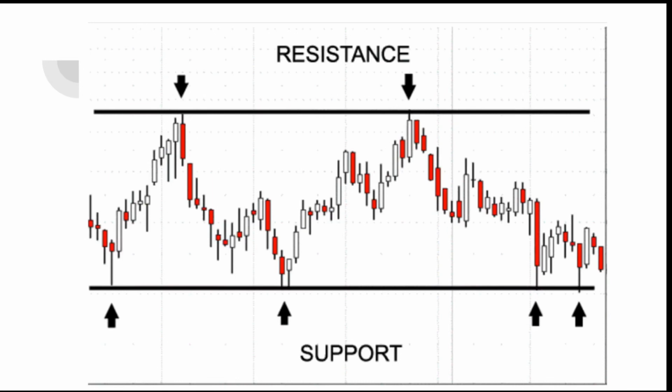Mm-hmm. But so it's not all crowd psychology, or is that... Technical analysis is the study of crowd psychology. It's the visualization of data to paint a picture of what the crowd is doing. That's it. So the reason I showed you that candlestick, remember, I didn't just show you a candlestick and say, here's a doji, that means this.